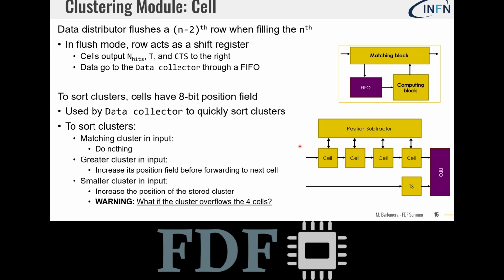So as a first step, this cell compares the input time with its seed time, passes the cluster to the next cell, and increases the position field of this cell. This is repeated in all of the 4 cells. The 4th cell also discards the cluster because it does not match with the programmable time window and passes it to the cell to the right, which is not present. So the cluster will be discarded.